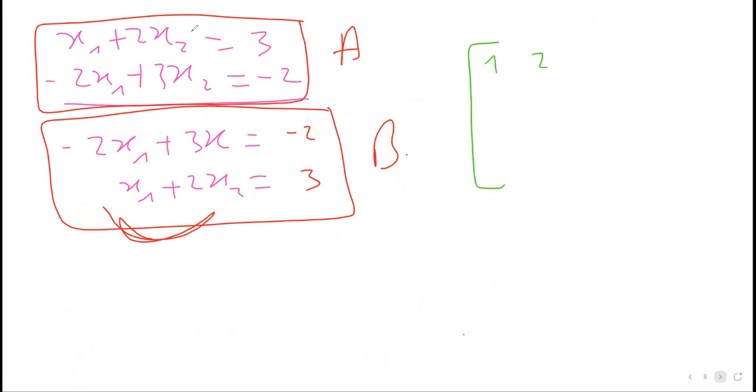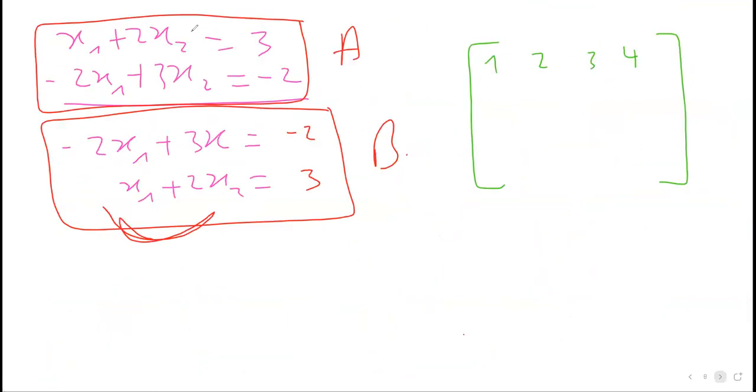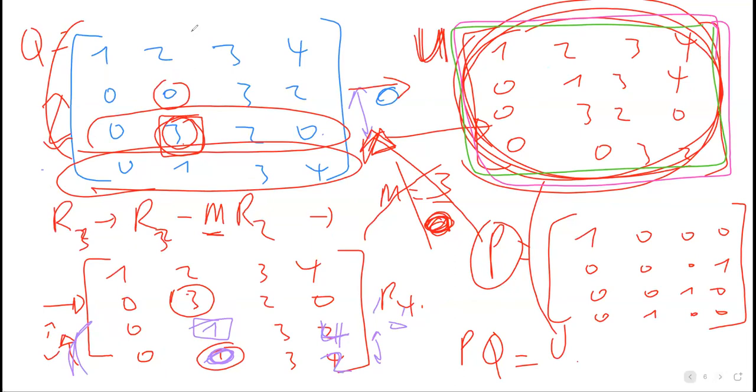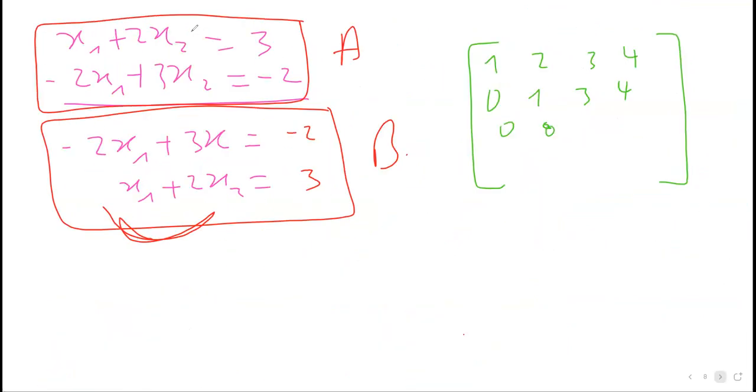So let me write 1, 2, 3, 4, just for you to see, then 0, 1, 3, 4, 0, 3, 2, 0, 0, 3, 2. Something like this.